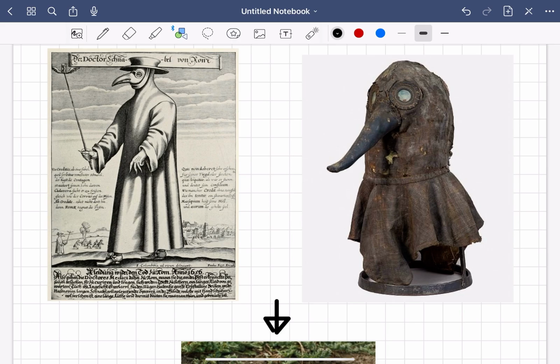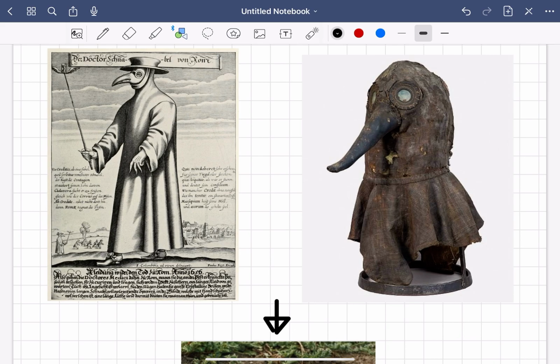So, Yersinia pestis, also known as the plague, was thought to be a sort of spirit or toxin, toxic poisonous air, and that can also be known as the miasma theory, which is just what I explained.